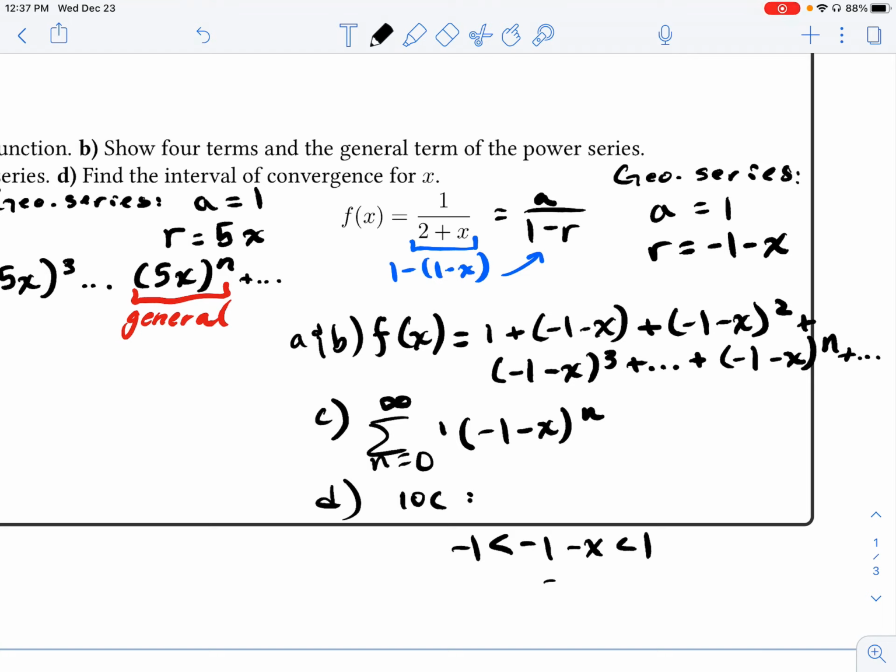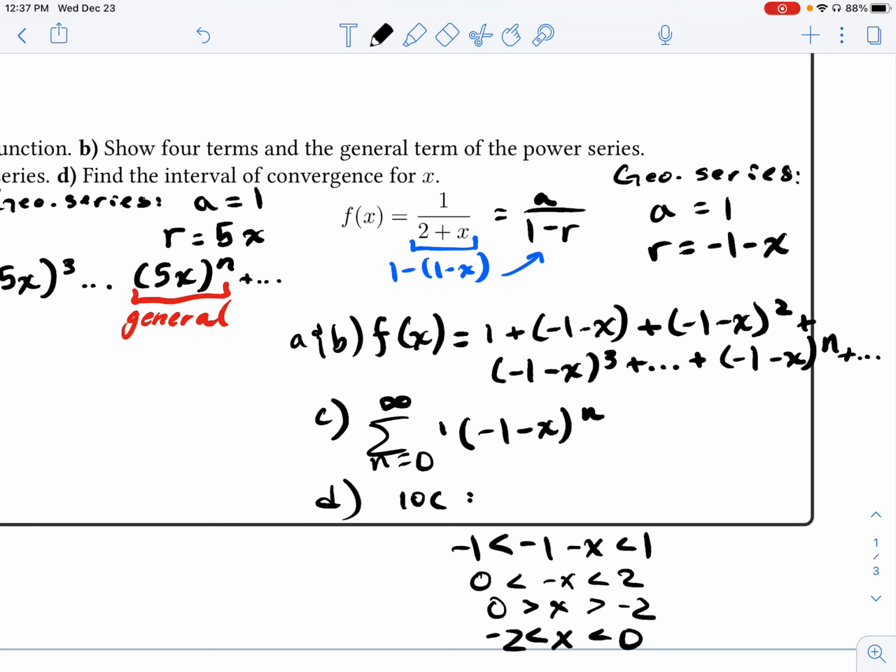So this is going to be negative x is less than 2 and greater than 0. We divide everything by negative 1, and be careful now to switch the signs. That's still going to be 0. We know it's bad practice to write the inequality that way, so we clean it up by writing x is less than 0 but greater than negative 2. And there's our interval of convergence.